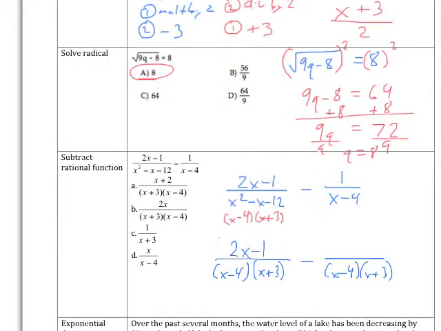But the second one, I'm going to need to multiply by an x plus 3 to give it the common denominator. But what you do to the bottom, you have to do to the top. And so that leaves me with this distribution situation, 1 times x and 1 times 3. That just gives me x plus 3. So as far as the final answer goes, it's going to be one fraction with the common denominator.